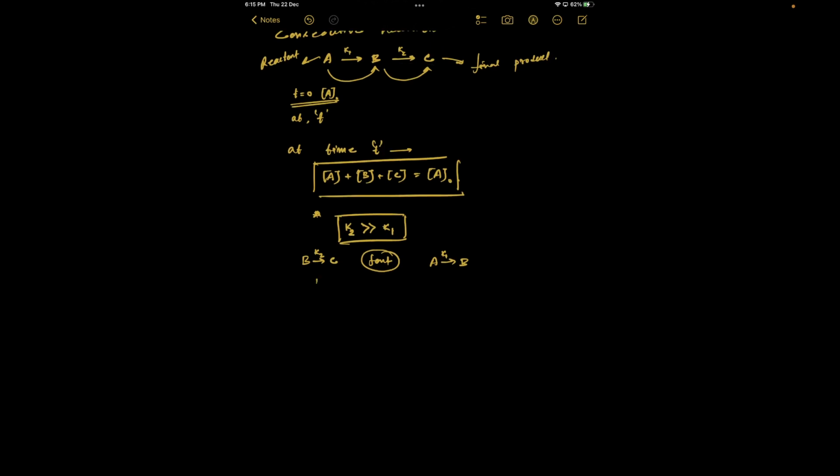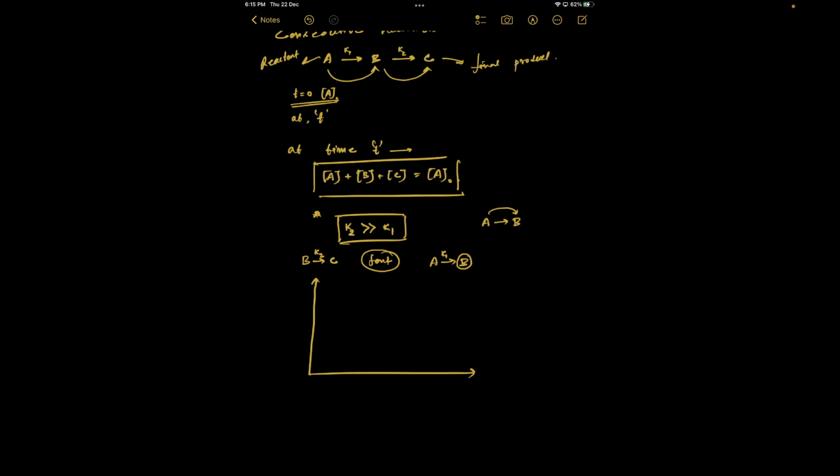If you draw the graph here, at time t equal to 0, no B and C was there. With time A molecules are disappearing to form product B molecules. The B to C step rate constant is very fast compared to the A to B step, right?